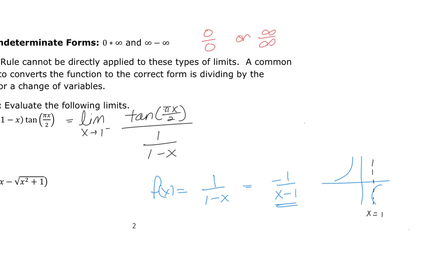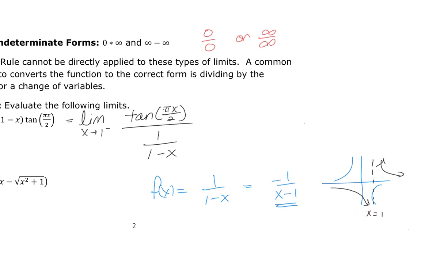So instead of increasing from left to right to x equals 1, I'm going to be decreasing. And as x moves away from 1, it's also going to be decreasing. So this confirms that if I have it in this form, I'm going to go to, in fact, negative infinity, which is okay.